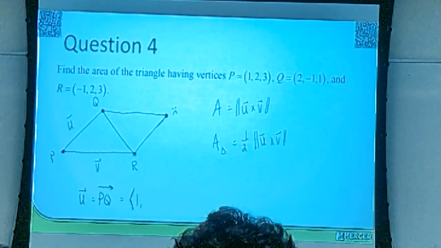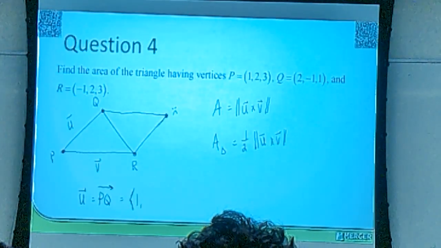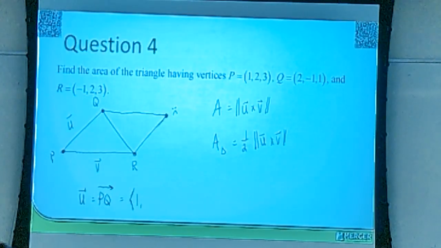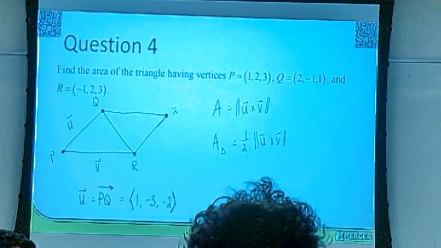Negative 3 and 2. No, but that's not supposed to be 1, 2, 3, but whatever, I'm working with it. And 2 minus 1, negative 1 minus 2, and then 1 minus 3. Or you put it on QP, right? It doesn't matter. Generally, you want to keep the same vertex.